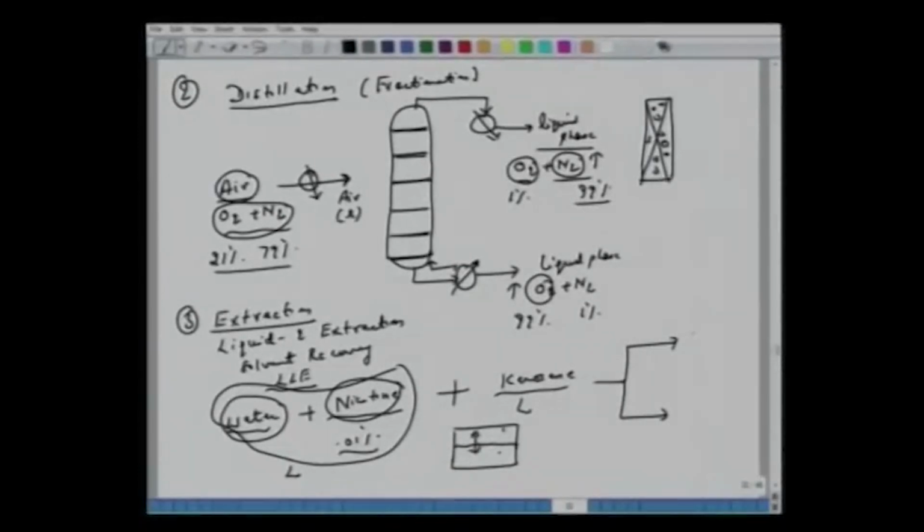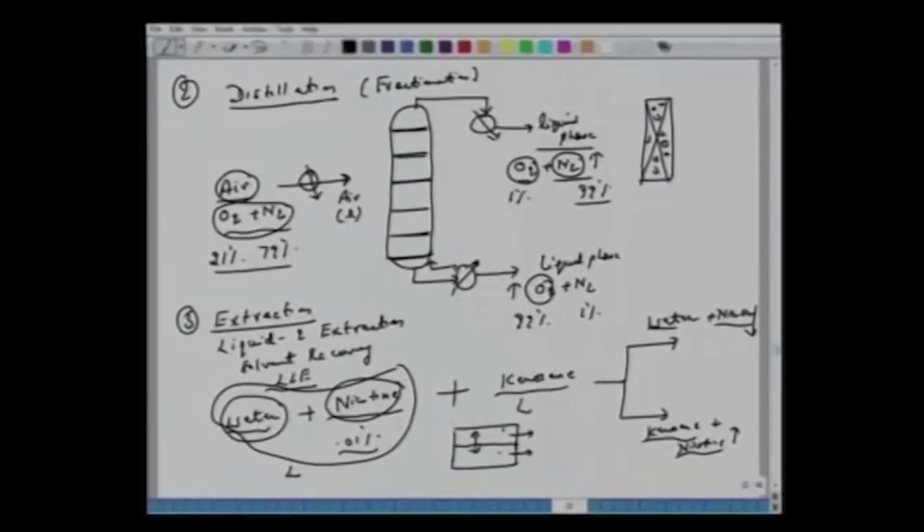Now both phases, the top and the water, will contain nicotine. One phase, water, contains nicotine, but it's a very small amount. Another phase, which is kerosene, will also contain nicotine, but nicotine will be a very large amount here.